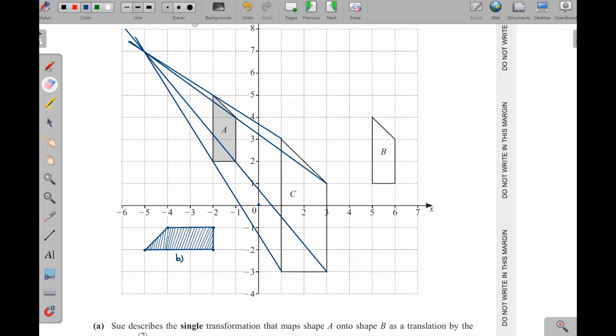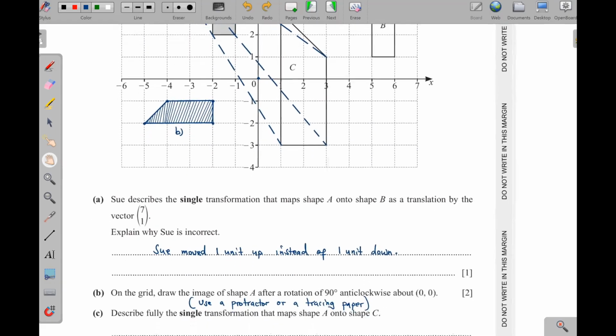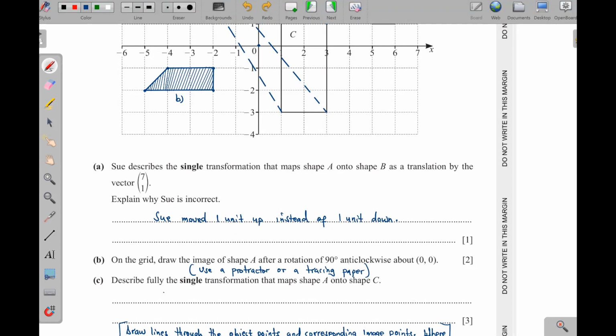But since we have done this one in here, what we need to do is to make these lines dotted. Yeah, you make them dotted so that you don't interfere with what was there. So that is that. Now here where they meet, you read off this one is -5, and then this is 7. So we are going to write, this is enlargement. So the first mark is saying it is enlargement.